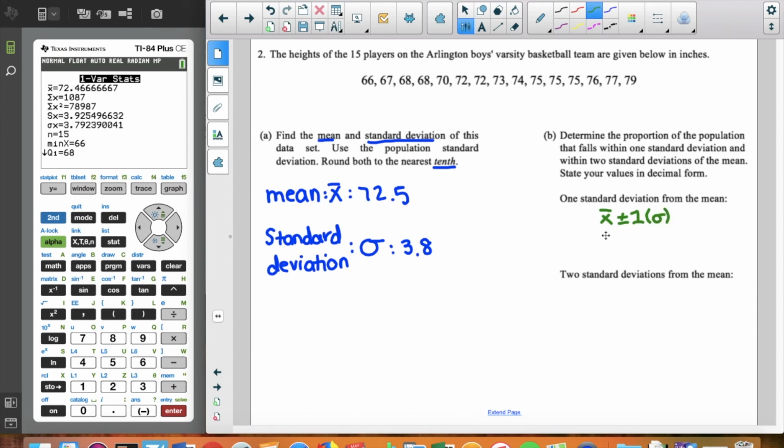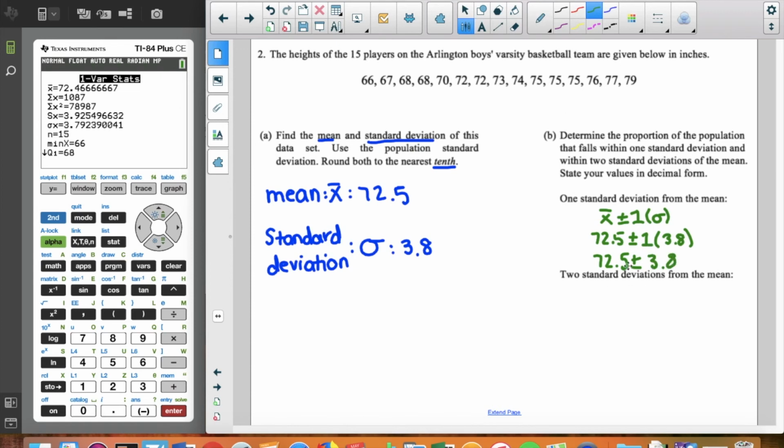In this case, our mean is 72.5. So you're going to add and subtract 1 times the standard deviation, which is 3.8. So we have 72.5 plus or minus 1 times 3.8, which is just 3.8.